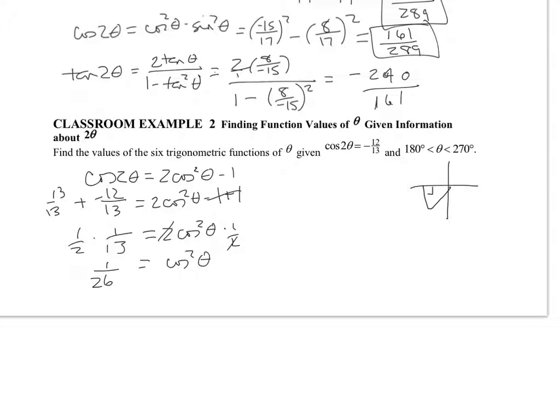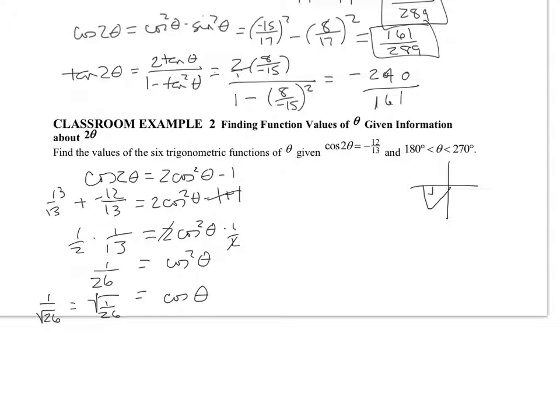Take the square root of both sides. So the cosine of angle theta is going to be the square root of 1 over 26, which I could write as 1 over the square root of 26.